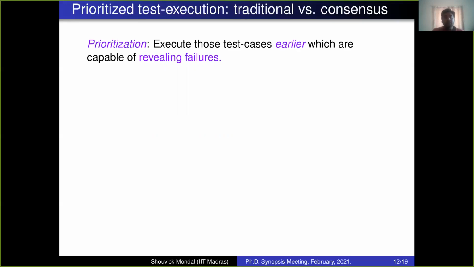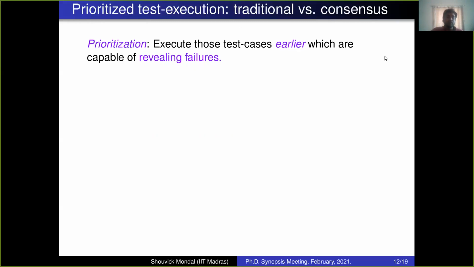Within that 3 hours, we need to make sure that whatever test cases we execute have tested the most fault-prone part of the code. So you need some heuristics to determine the quality of a test case, and we execute the high quality test cases earlier in the timeline. The timeline means earlier in the execution phase.